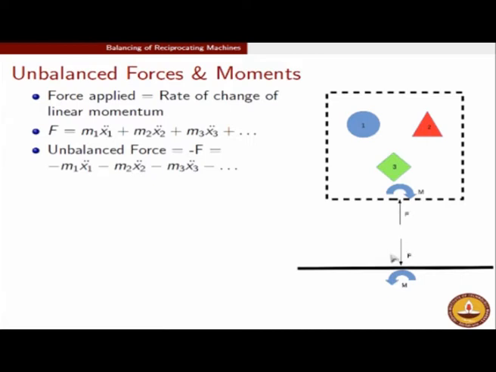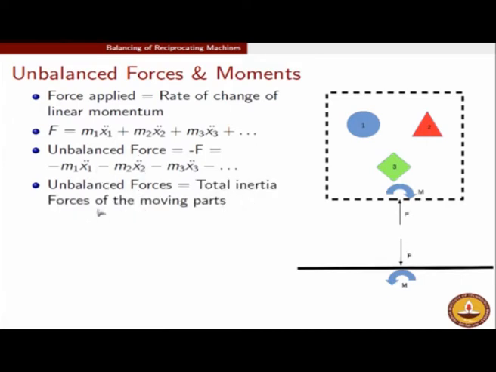So the unbalanced force which is hitting the frame is basically the sum total of all the inertia forces of all the moving parts. Note that minus m1 x1 double dot is the inertia force corresponding to part 1, minus m2 x2 double dot is the inertia force corresponding to the moving part represented by the red triangle, and so on.